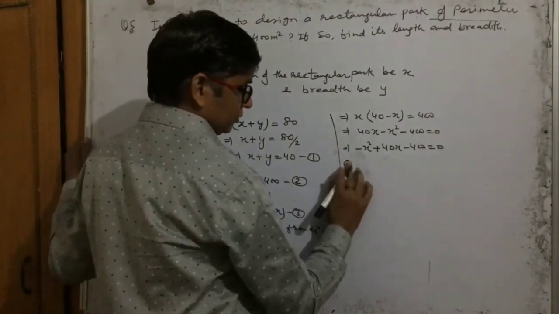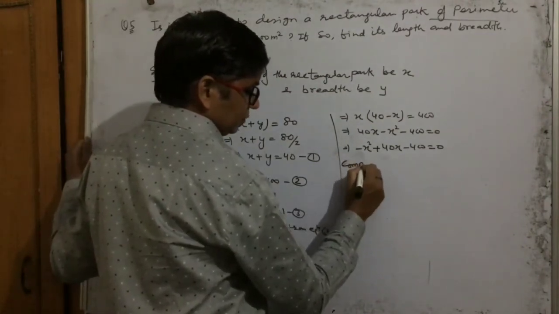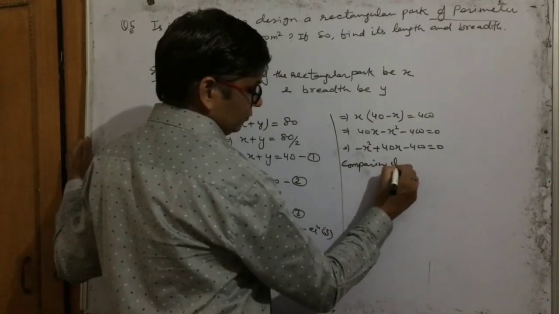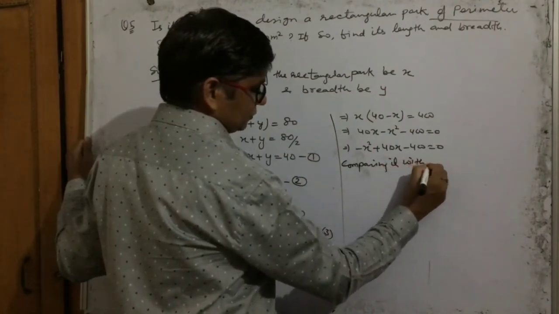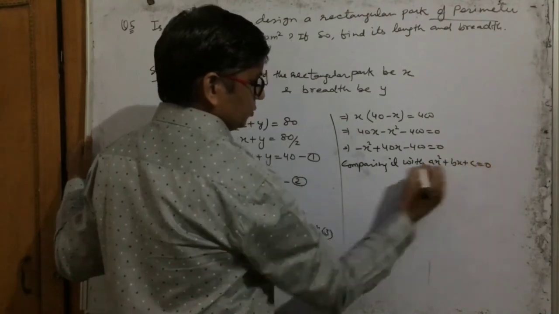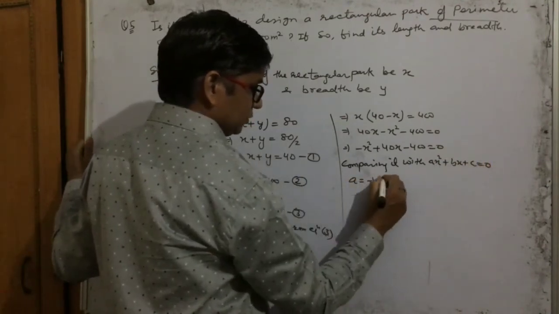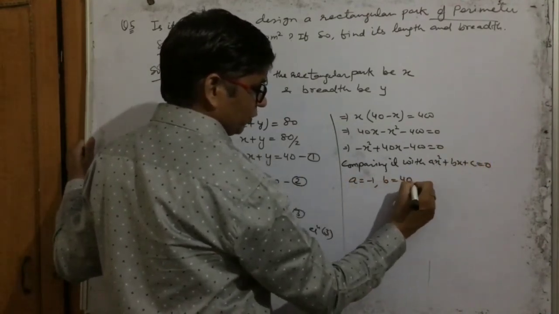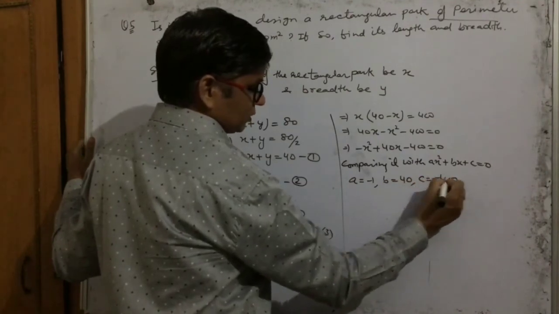Comparing it with ax square plus bx plus c equals 0, a equals minus 1, b equals 40 and c equals minus 400.